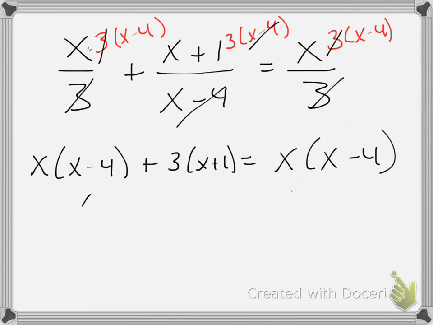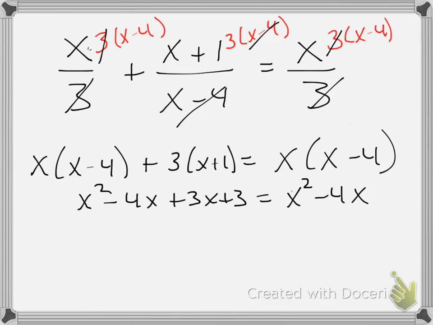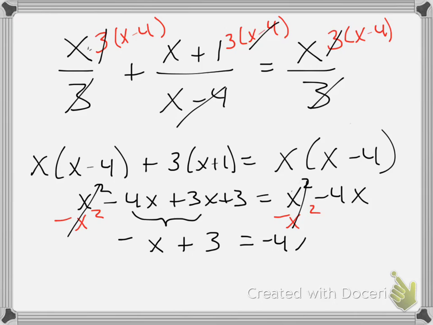The same thing, I'll distribute. Now I want to continue to combine like terms. Let me combine my x squareds by subtracting the one on the right, since it's positive, and what's nice is they cancel out. Now I combine my negative 4x and 3x to get negative x plus 3 equals negative 4x.